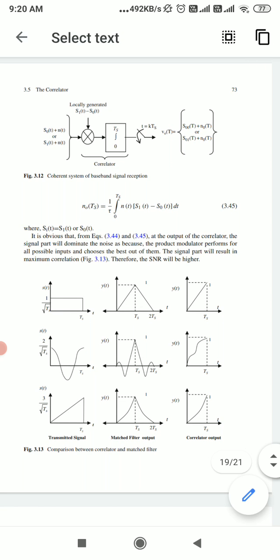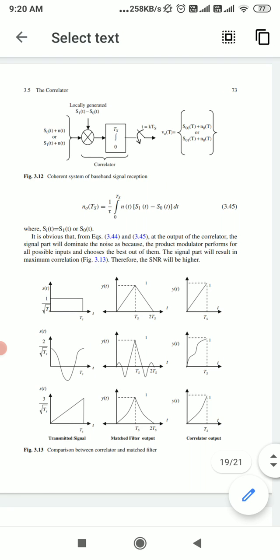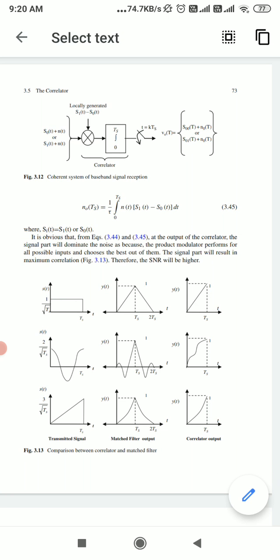The correlator is the receiving system used for coherent reception of binary digital modulated signals. Here we give the received signal as input to the multiplier, which multiplies that signal with the locally generated signal. The received signal can be either S0 of t or S1 of t.